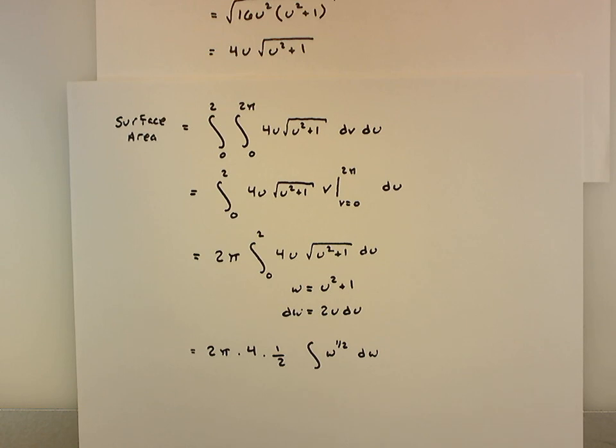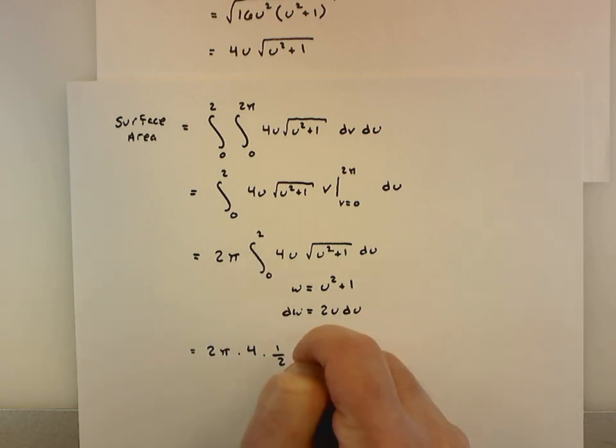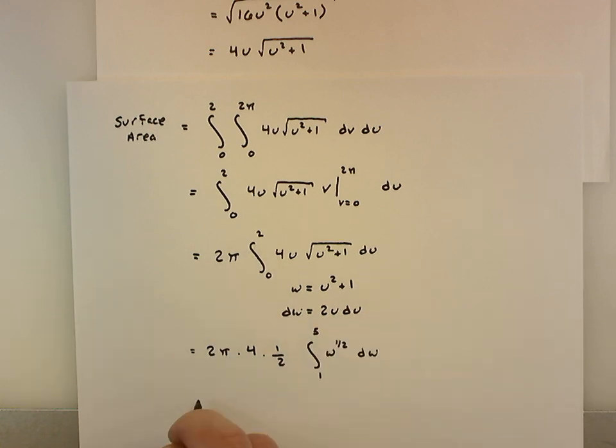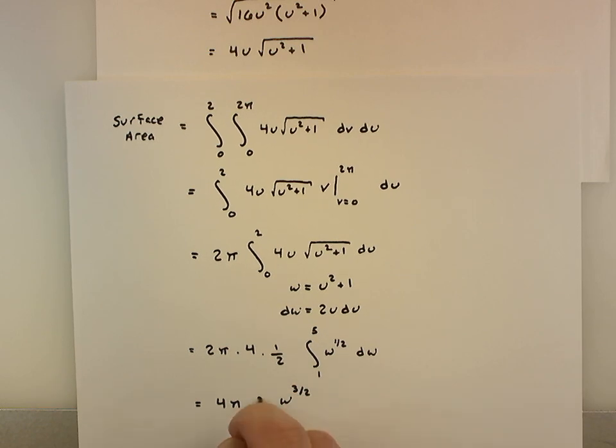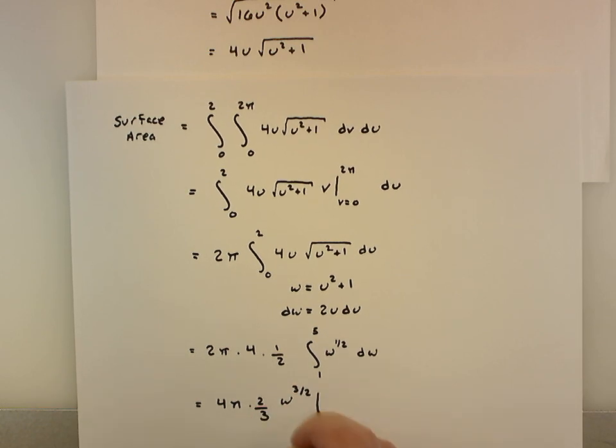Bounds of integration. When u is 0, w is 1. When u is 2, w is 5. So this simplifies to be 4 pi multiplied by w to the 3/2 times 2/3.